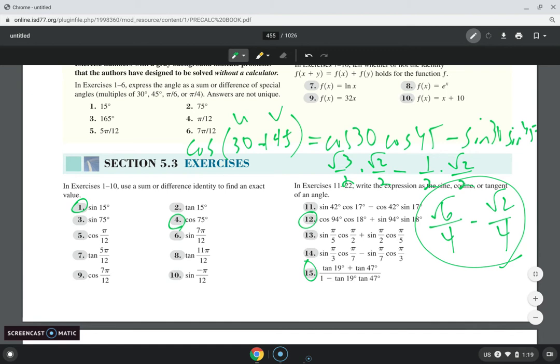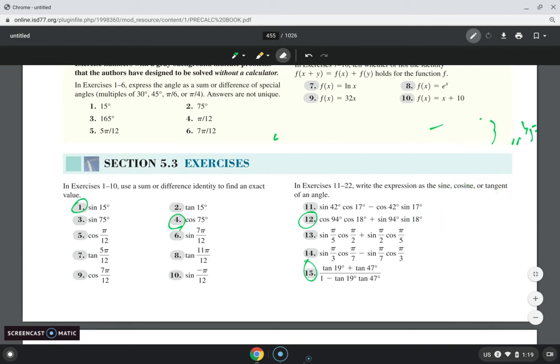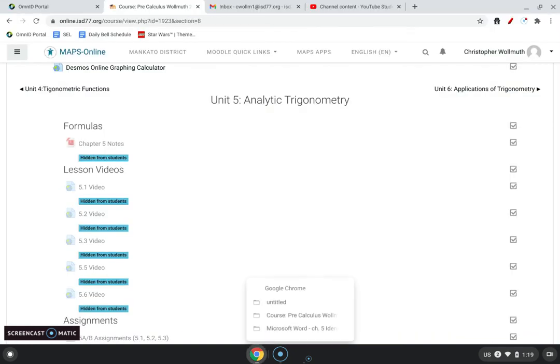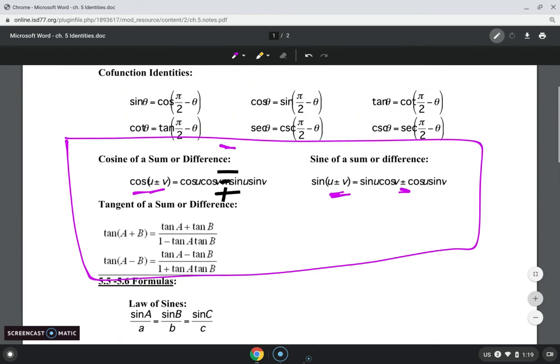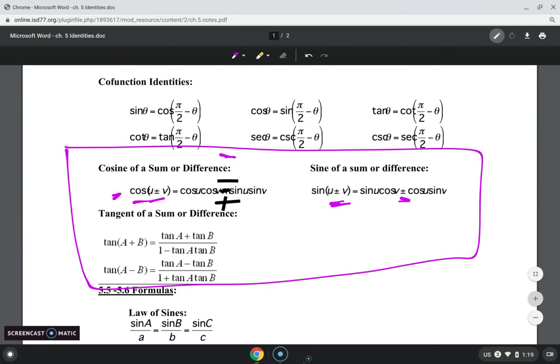Okay, number 12. So now we're going to work backwards. And so you got to kind of look here and see what this is asking you to do. So we got to match this up. So we can see on number 12 there, 94 and 18 are our u and our v. So it's cosine, cosine, sine, sine. I believe that is right here. That's the cosine one, right?